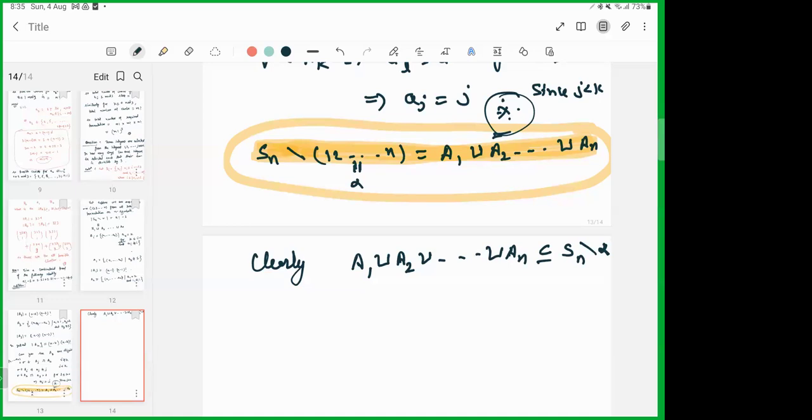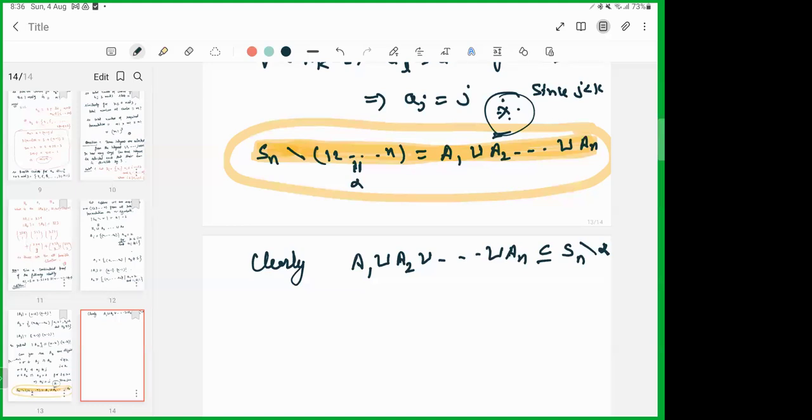Then I am saying this disjoint union is contained in the set Sn minus alpha. Yes, sir, because in the union Aj is not equal to j for some j, but in the permutation alpha, for all j, Aj is equal to j. So it definitely cannot be in any one of them, but the rest of the permutations should be there.